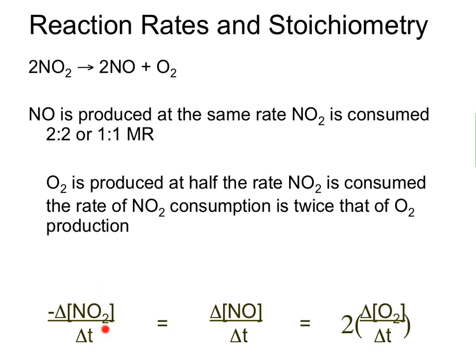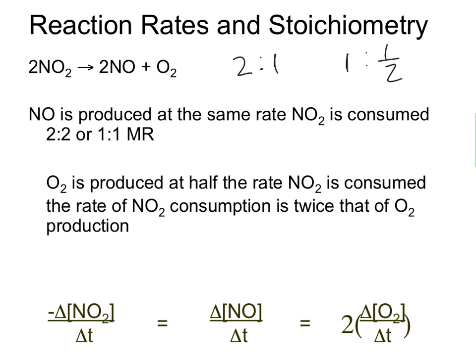Now, the rate of the breakdown of NO2 is going to be equal to the rate of production of NO, and we know that because the mole ratio is 1 to 1. If we think about how NO or NO2 are related to the production of O2, we have to consider the stoichiometry once again. The relationship between NO and O2 is 2 to 1, or we could look at this as 1 to 1/2.